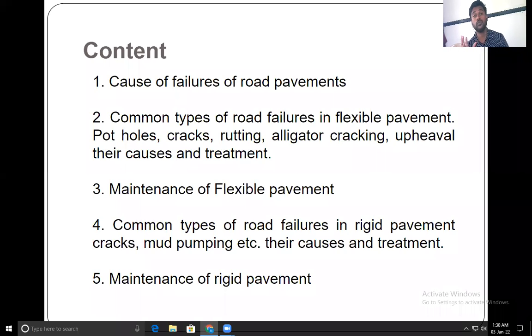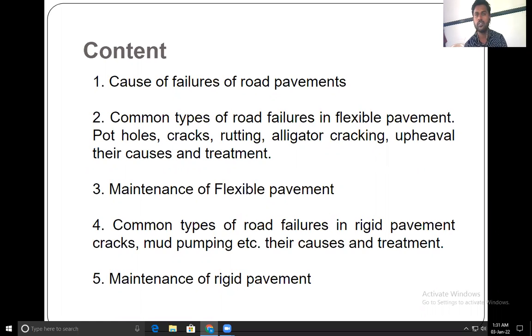Okay, meaning what kind of maintenance is required for that respective type of failure. So we need to study the different types of failure for the flexible pavement, and then the different types of failure for the rigid pavement, and accordingly we have to think about the different remedial measures or maintenance techniques for those respective roads.